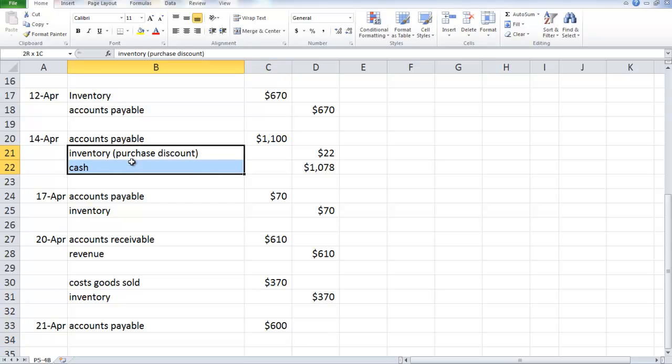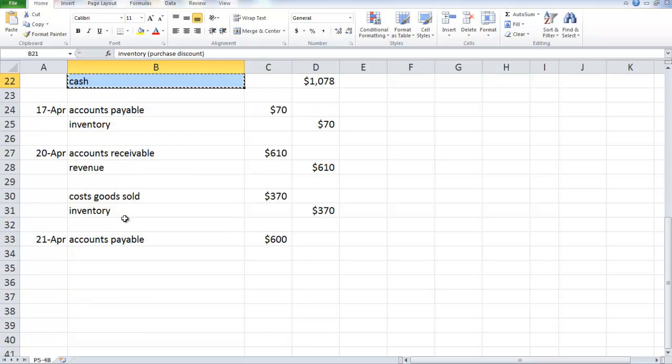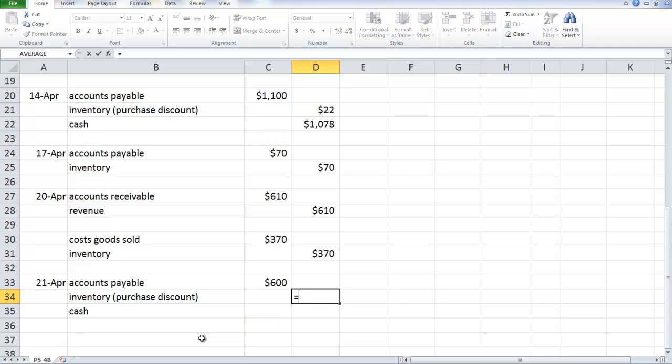Then we have a purchase discount and cash again. So the terms of the agreement was a 1% discount. So we have a $6 discount. And then we want to credit cash for $594. $594, excuse me, is the credit to cash.